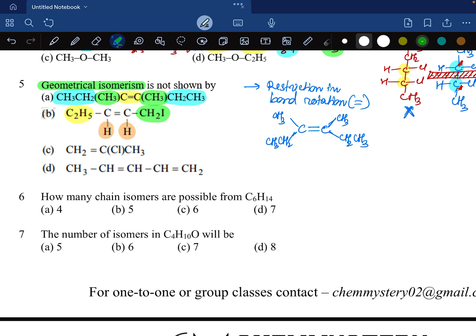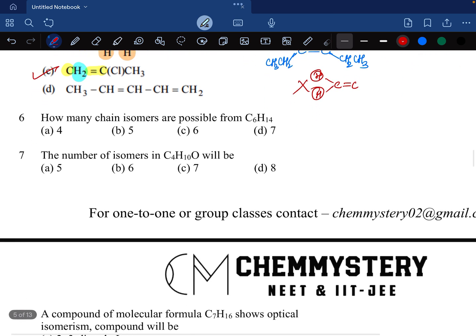In the third case, around the double bonded carbon, both the groups are the same, H2. This will not show geometrical isomerism. Your question was which is not showing geometrical isomerism, so your answer will be C.